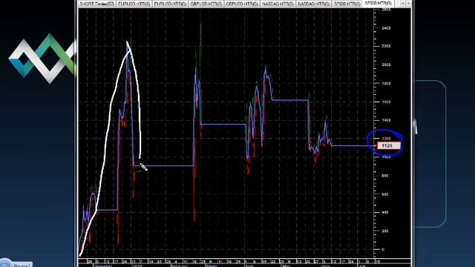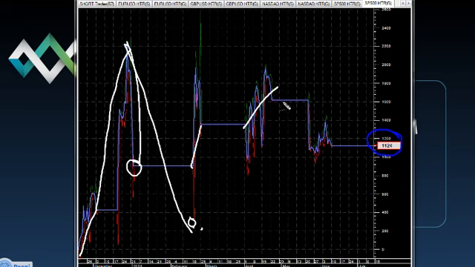Just before New Year, of course, we handed back a lot of that profit, and that will probably be our maximum drawdown figure somewhere over there, or possibly from maximum profit down to there, something like that. And then we made very few trades in the S&P 500. We made a winning trade here, another winning trade there, and a losing trade over there. So very few trades in the S&P 500.